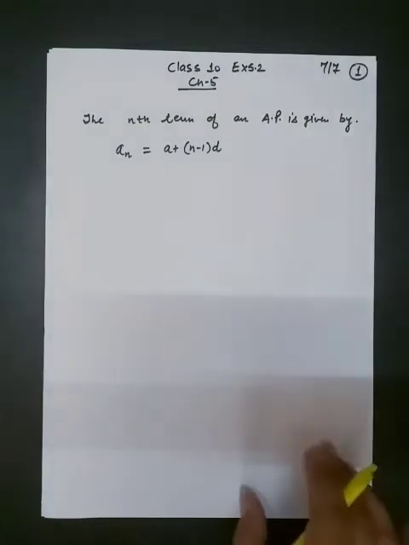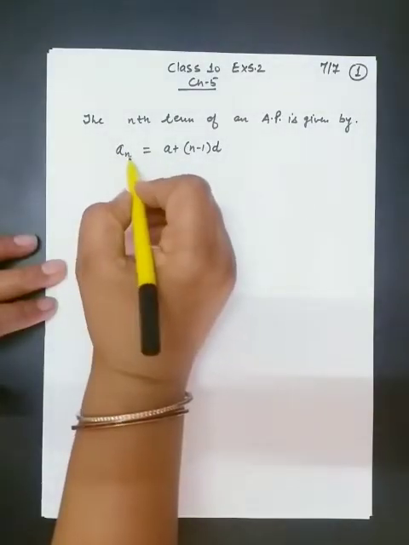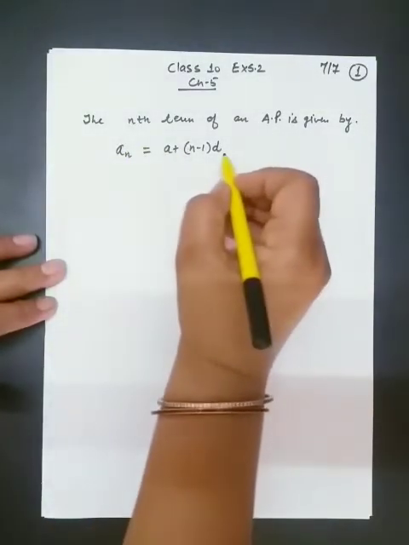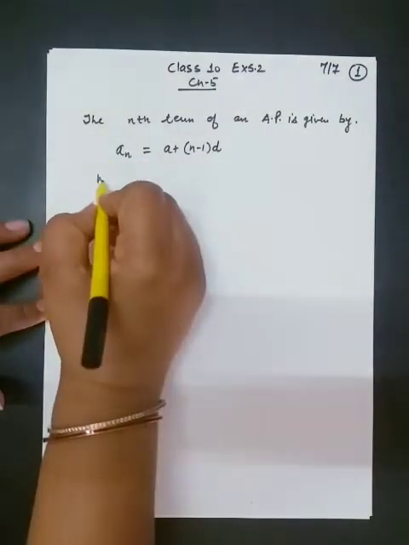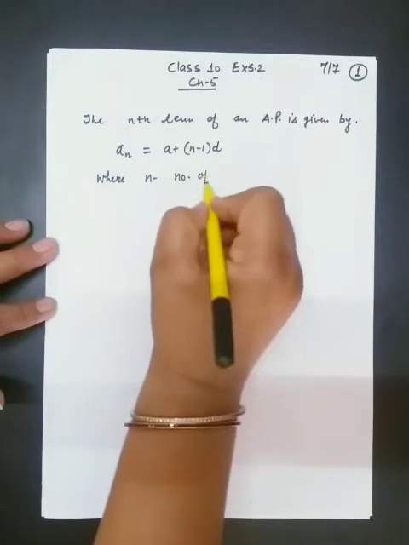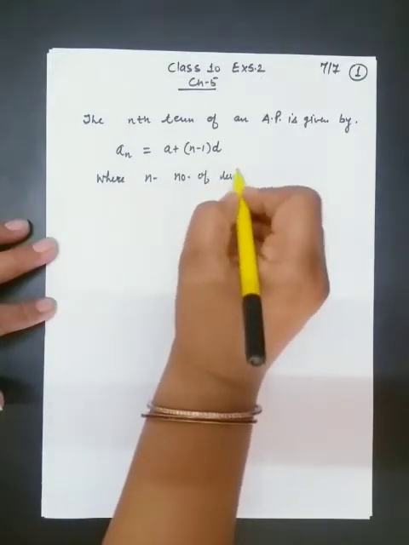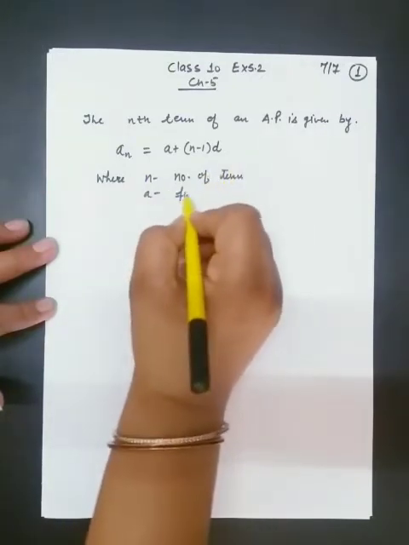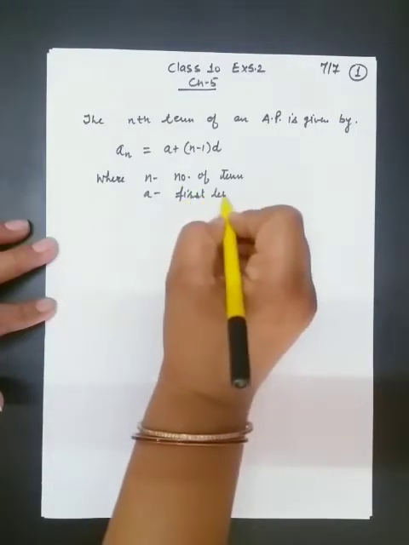Nth term means any number of term. Suppose I have to find 10th term of an AP, then n will be 10, a will be first term and d is common difference, where n is number of term and a is first term of AP.